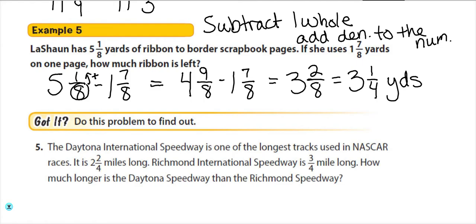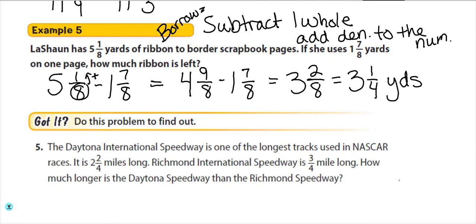Okay, that's how you borrow. Okay, so to borrow, you subtract 1 whole and you add your denominator to the numerator. All right, now if you think you have this, go ahead and try the got it question. If you don't, just stay with me, it's fine. I know this one gets a little bit tough, all right?